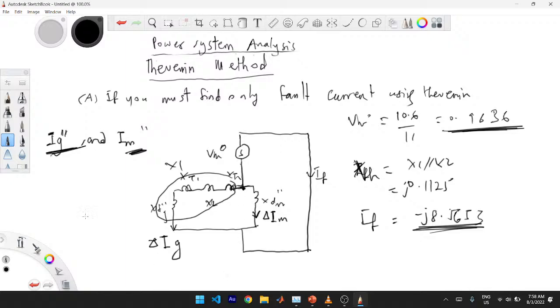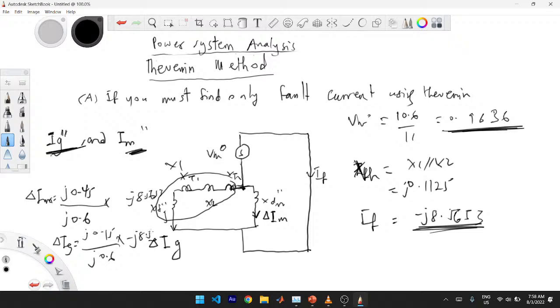So if you want to find change in IM, it is just this impedance, J0.45, over total impedance J0.6, times IF, minus J 8.5653. Then same, find your change in IG. We'll use this impedance: J0.15 over J0.6 times minus J 8.5653.